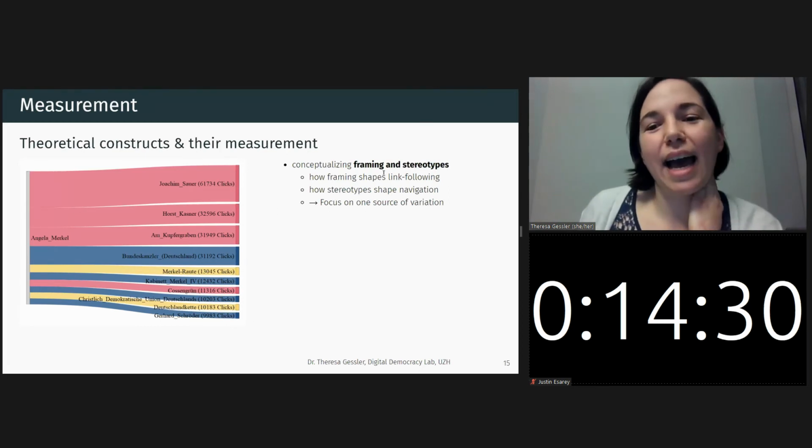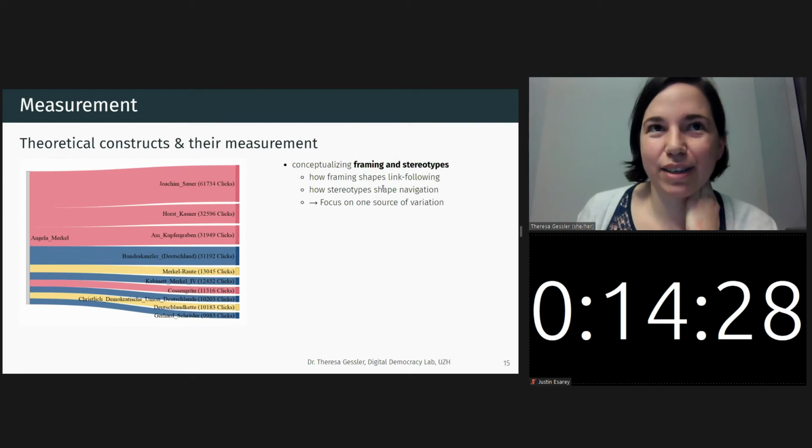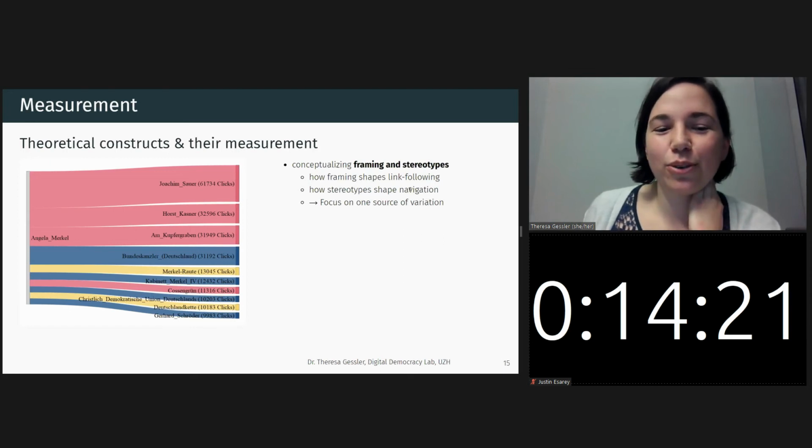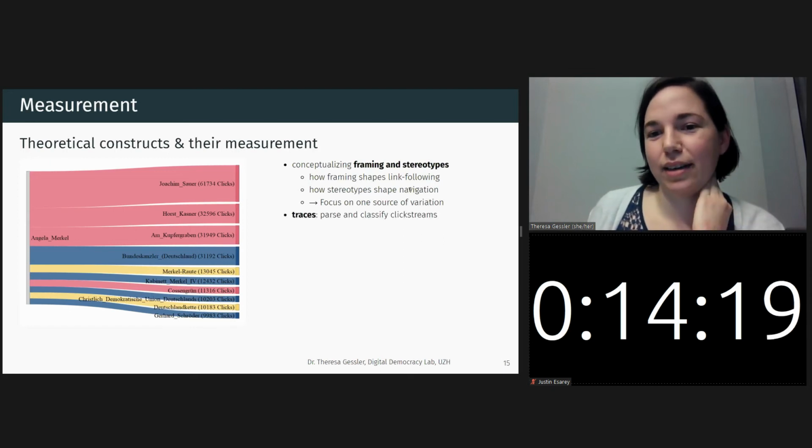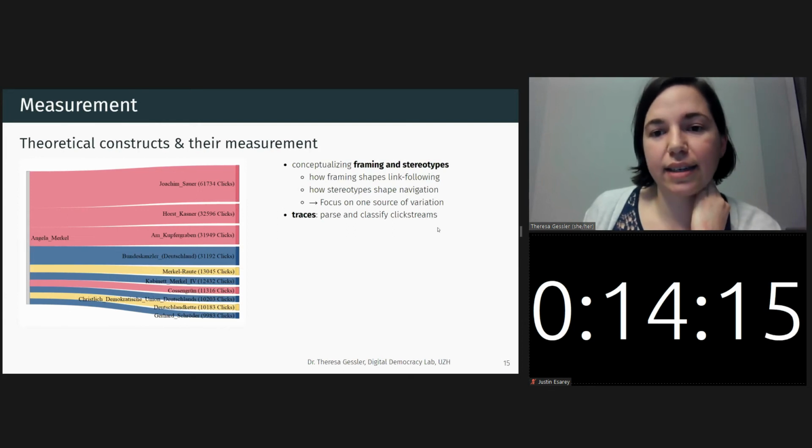Of course, we can't look at both at the same time. We have to keep something constant, so typically we would focus on one type of variation. But the process is quite similar. Usually we would obtain clickstream data, this navigation data, and try to parse and classify this.